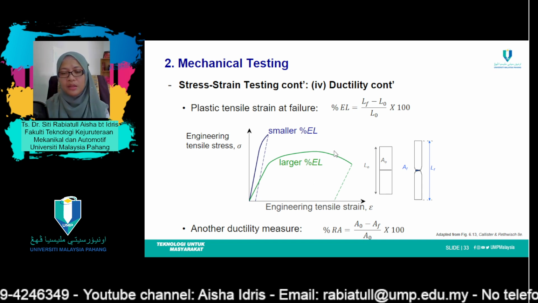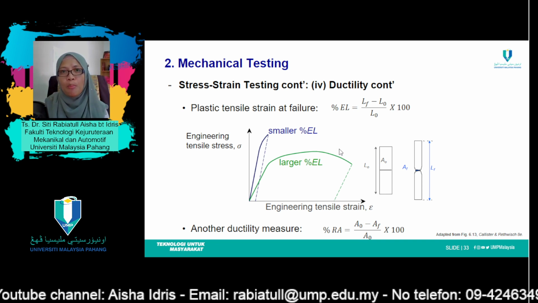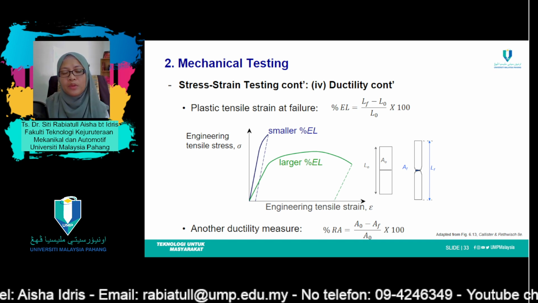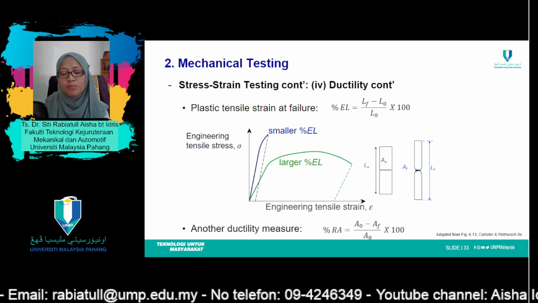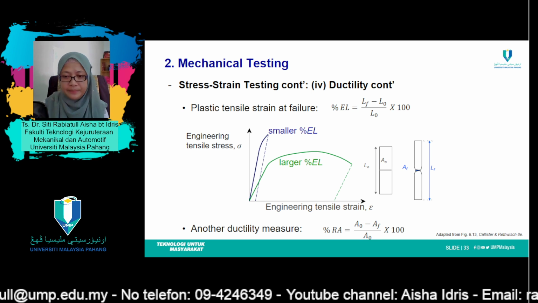So that one, I think, is very common sense. You may compare it with metal and also composite or plastic. Metal is actually much more ductile as compared to plastic.